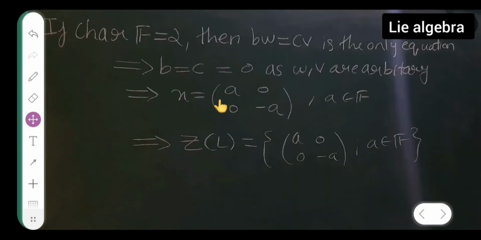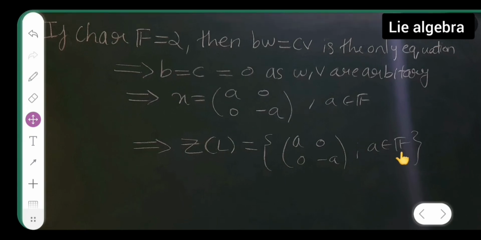X is equal to A, the value of B is 0, the value of C is 0 and minus A, and A belongs to F. Now this implies Z of L is equal to the set of this X where A belongs to F. Now I'll turn the page.